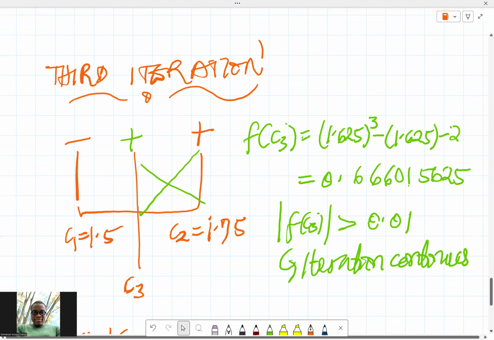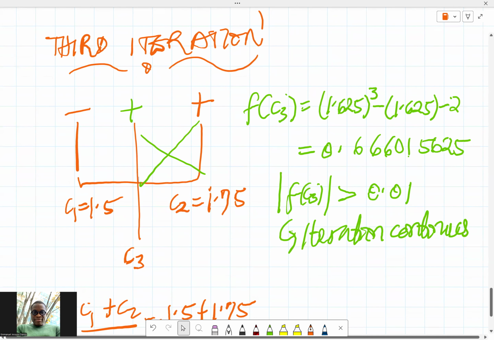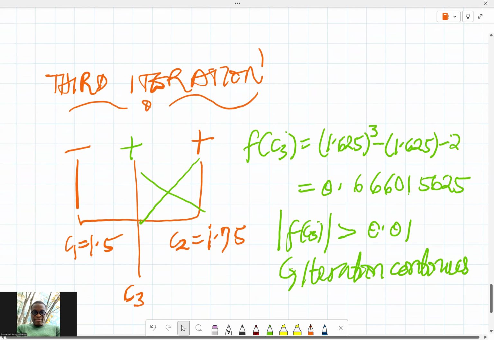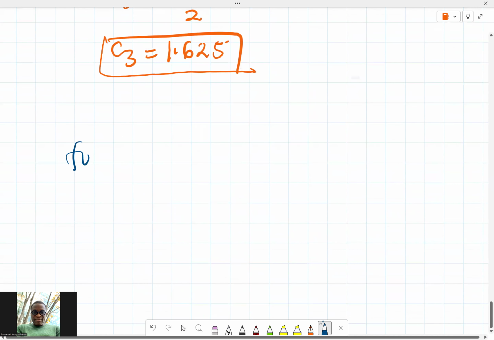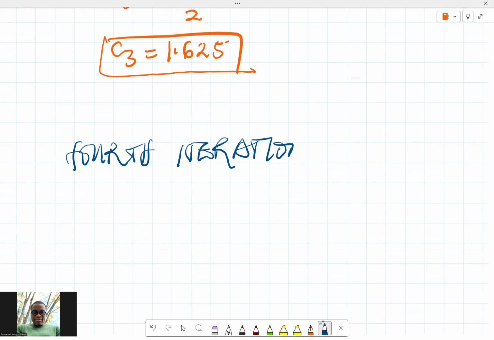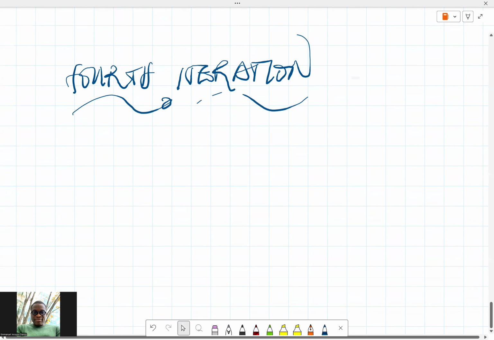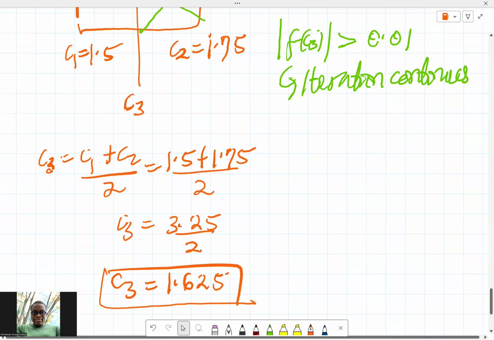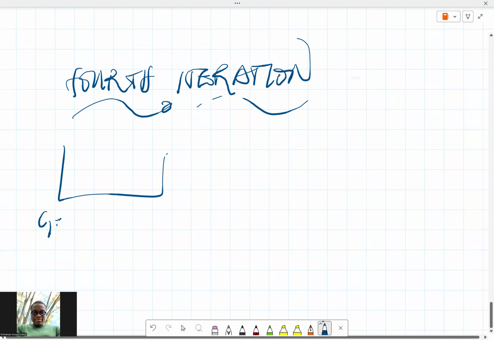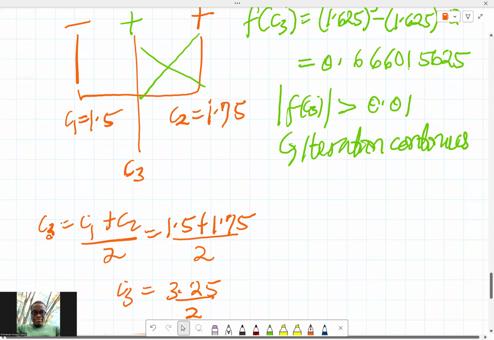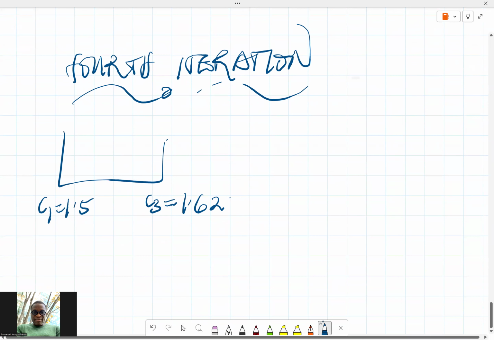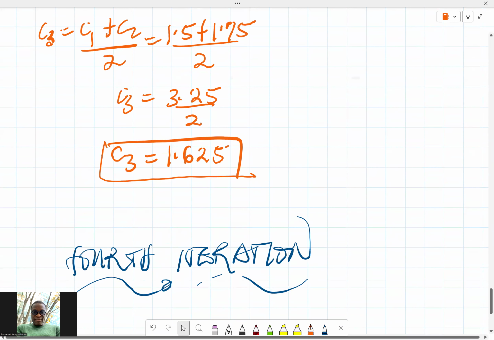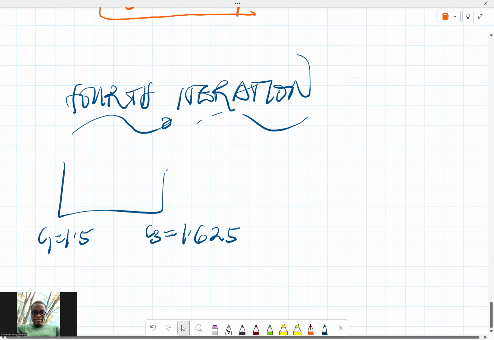That's the fourth iteration, because we have not met our goal of having something less than the tolerance value. So here we know that now the solution lies between C1 and C3. C1 is 1.5, C3 is 1.625. f of C1 gives a negative value, f of C3 gives a positive value.